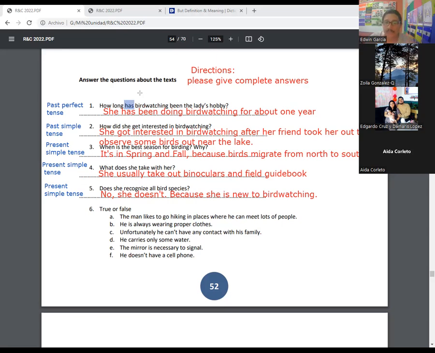We use has, but if we're talking about I, you, we, or they, we are going to use have, but it's not all. For past perfect tense, we have to use been, have, or has been. That is the clue to say this is past perfect tense. How long has doing something in ing form and been.